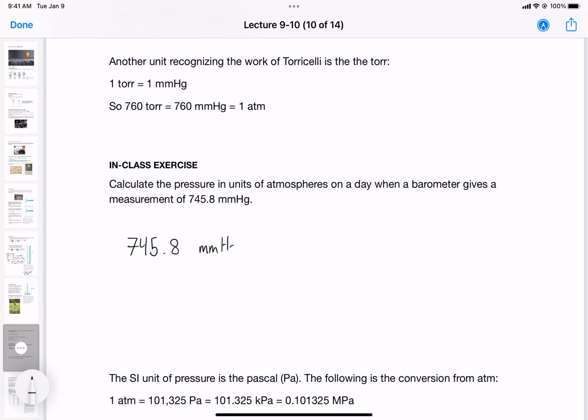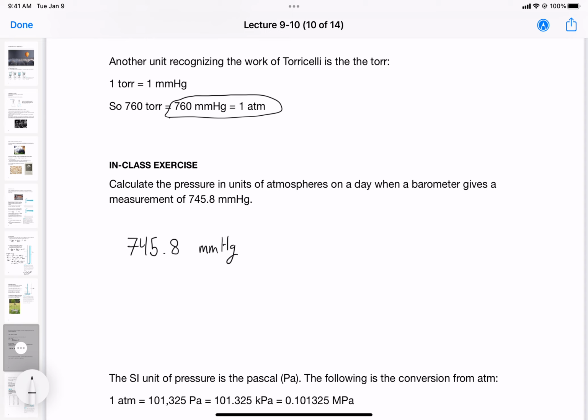All right, so our conversion factor is right here. Let's circle our conversion factor. We're going from millimeters of mercury, so we want to divide by 760 because 760 millimeters of mercury is equal to 1 ATM. We're going to the larger unit, which means 1 unit of it is going to be much more of the smaller unit.